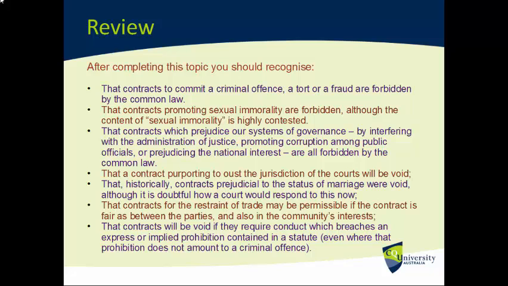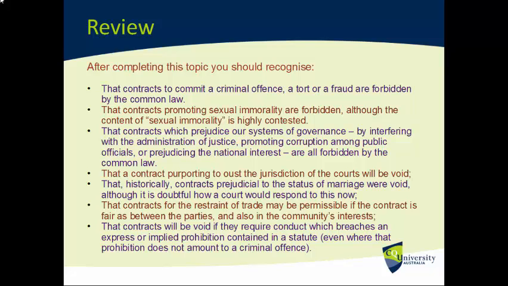Third is where the contract was induced by the other party's fraud, oppression or undue influence. In that case, it may well be that the courts may apply some sort of equitable remedy to bring the claimant back to a position where they're not suffering unduly as a result of the unconscionable or improper conduct of the other party.